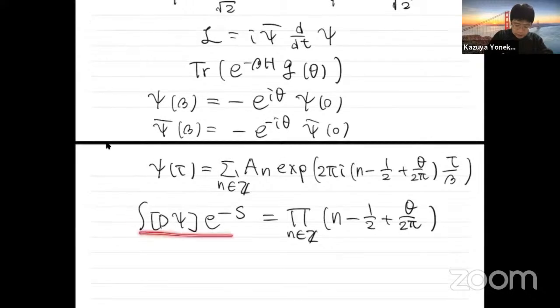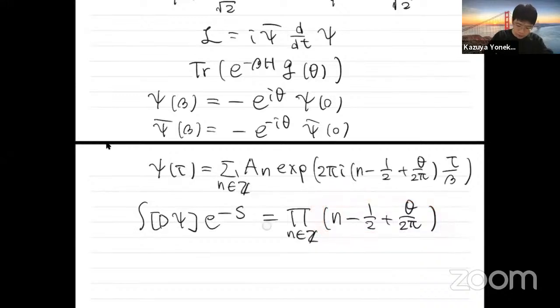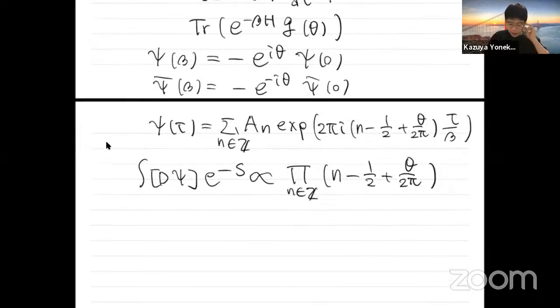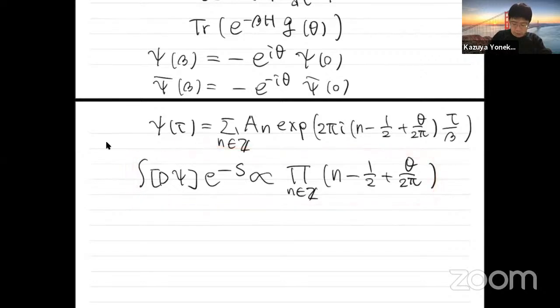And so this partition function is given by the product of eigenvalues of the Dirac operator, which is just this quantity. Sorry, I should write it as just proportional. I'm neglecting various factors. I'm focusing on the part which depends on this parameter theta. So this is the result of the path integral.